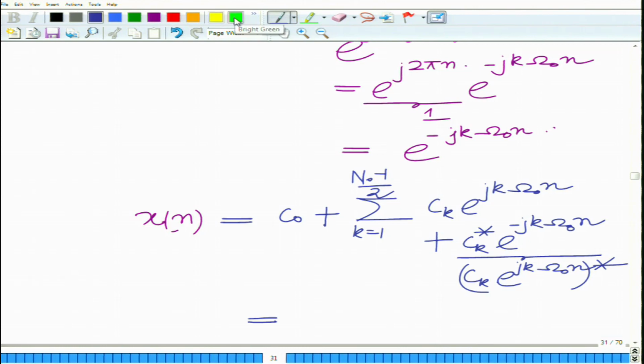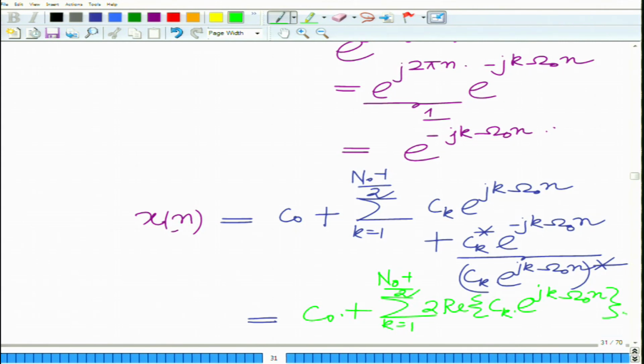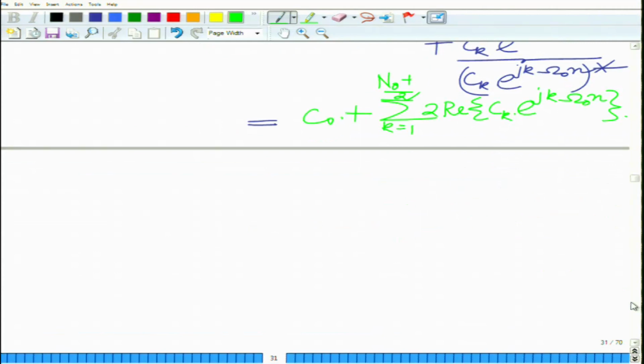So, this will be C naught plus summation k equal to 1 to N naught minus 1 by 2 of twice the real part of Ck e raised to j k omega naught n.